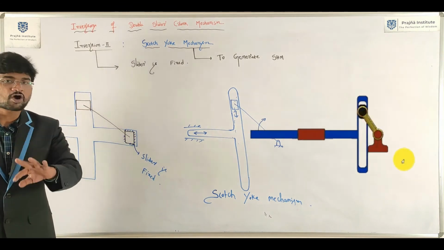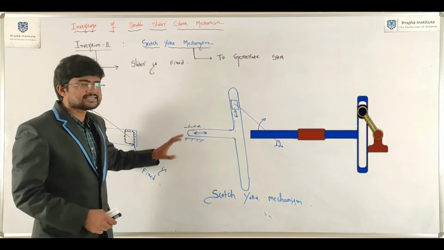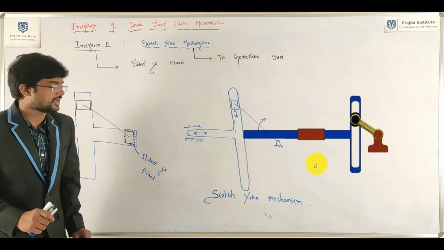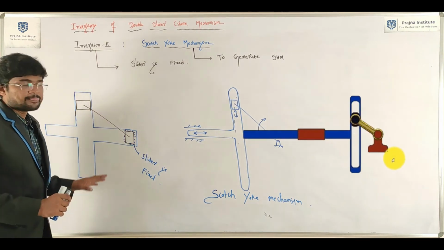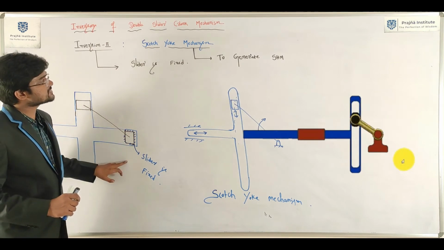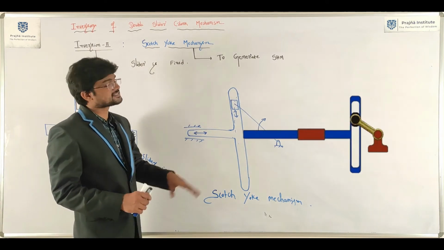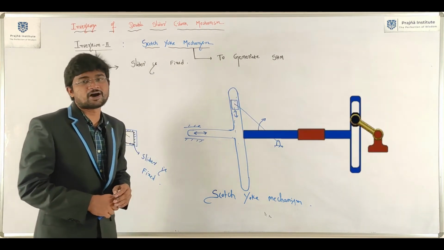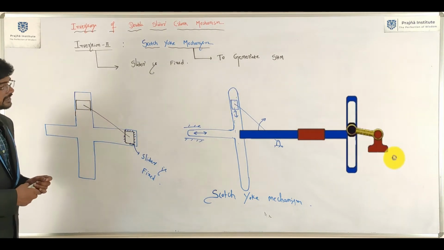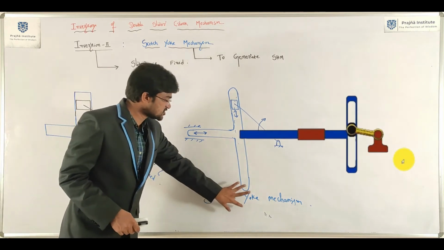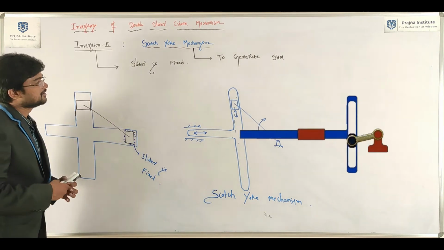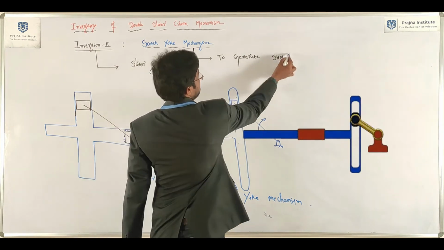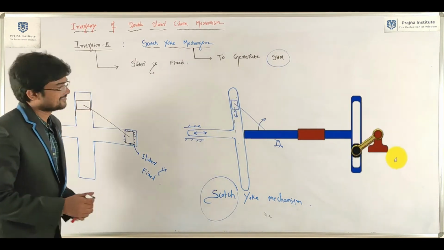Crank and rocker, strictly speaking. Here the rocker behaves as a slider. So this is the thing, and the slider is fixed. What is the purpose of the Scotch yoke mechanism? It is to generate a simple harmonic motion.